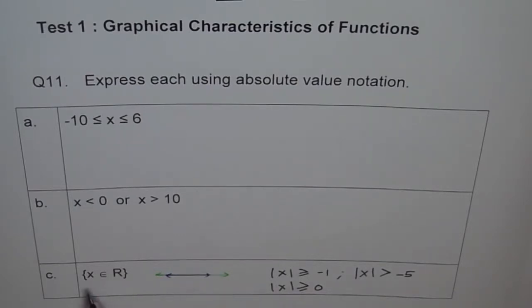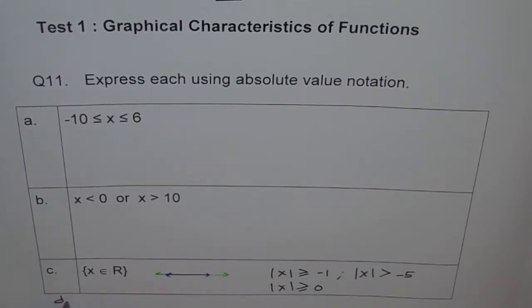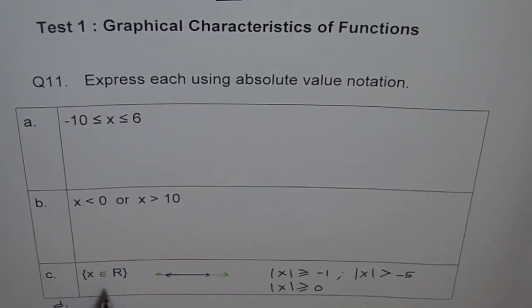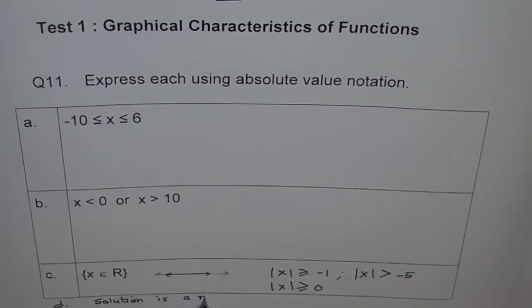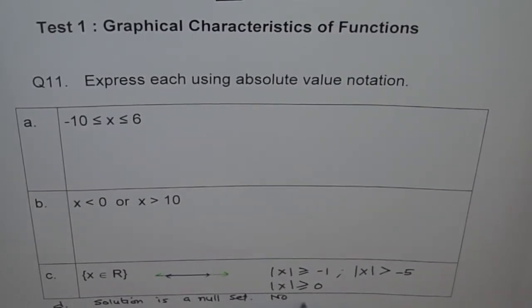If I say that there is no solution, or the solution is the null set, let me add part D to it, where the solution is a null set. You understand null set? Null set is no solution.